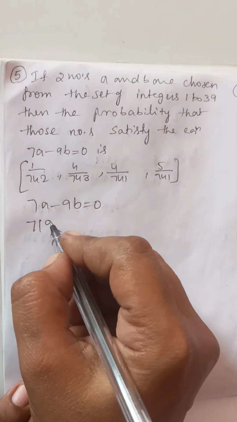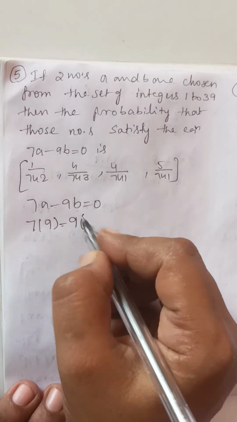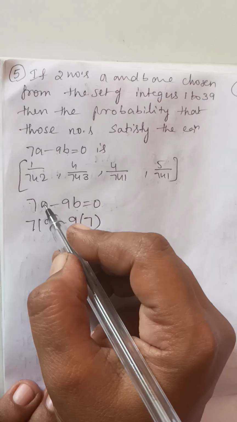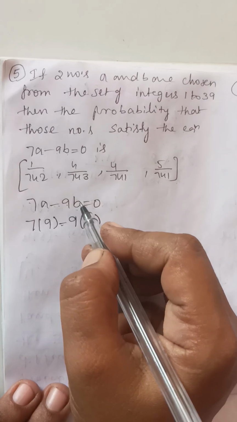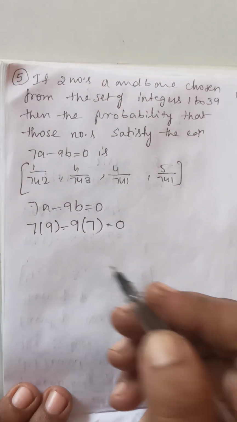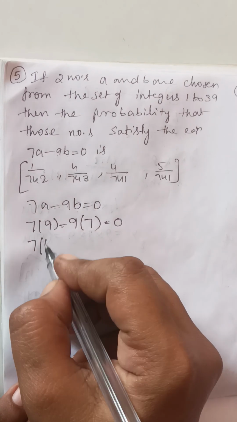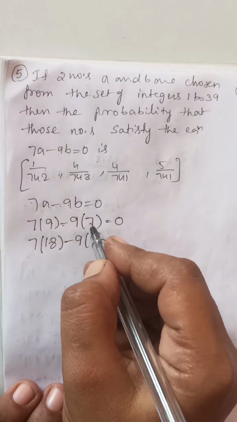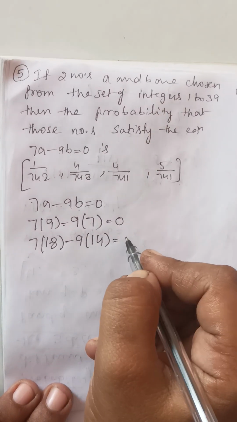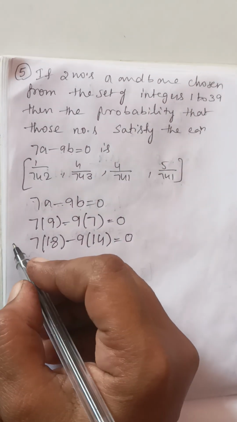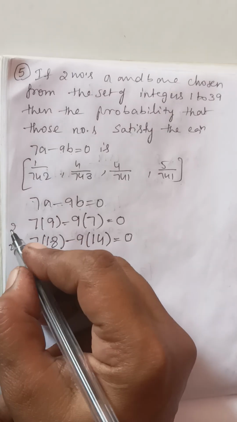Okay, a must be 9 in the first case, and b is 7. If you multiply 7 into 9 minus 9 into 7, it is 0. In the same way, all the multiples we can take. 7 into 9 twos are 18, 9 into 7 twos are 14, so this is also 0. Here we multiplied this equation with 2.